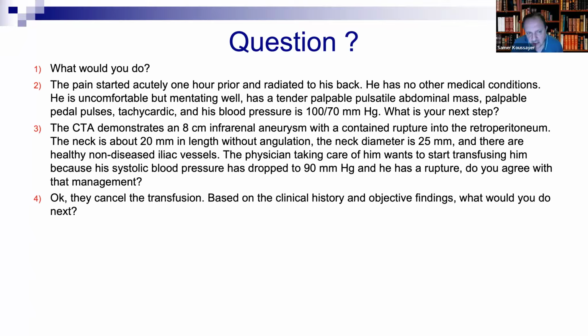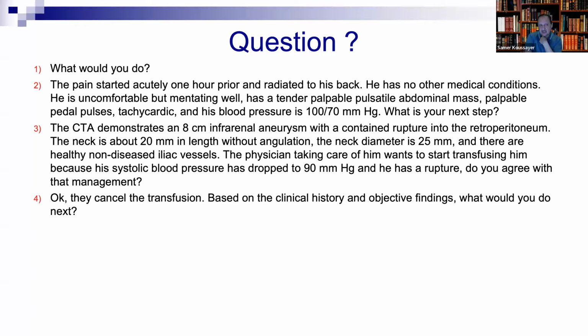Yeah, because unless you work in a very high-standard center, this one is more complicated. You have to go to fenestrated, and in rupture you don't have time for that. So when it becomes complicated, then open repair is better because you don't have time. If you have all the criteria for straight endovascular, of course, endovascular is better.